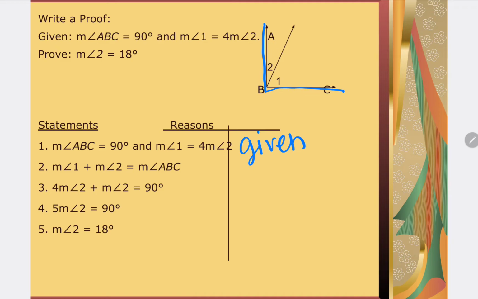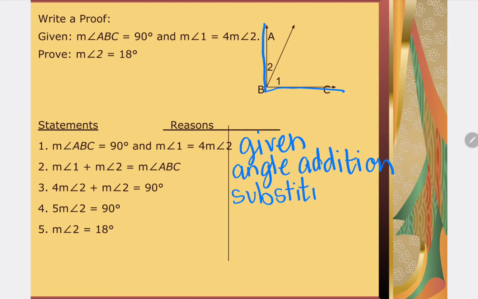The measure of angle 1 plus the measure of angle 2 equals the measure of ABC. That is the angle addition postulate. Then I am using the substitution property of equality here. As you can see, I have replaced the measure of angle 1 with 4 times the measure of angle 2, and the measure of angle 2 has just stayed the same.